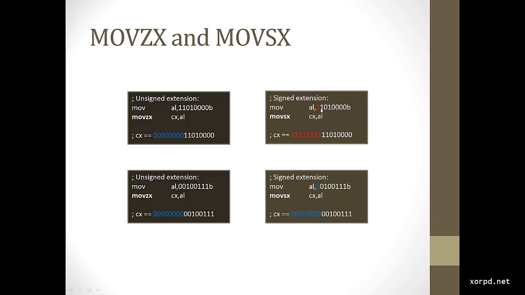If the highest bit is 1, we are going to have extension made of 1. If the highest bit is 0, the extension is going to be made of 0. As a summary, move 0 extension always 0 extends, and move sign extension decides on the extension according to the argument sign.